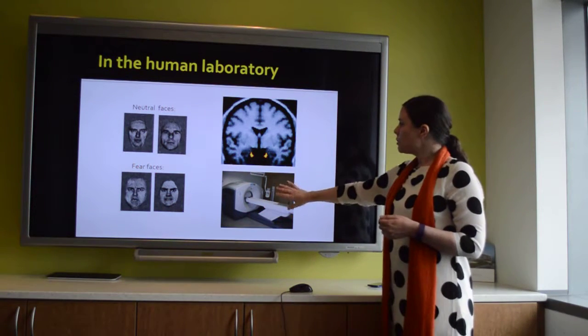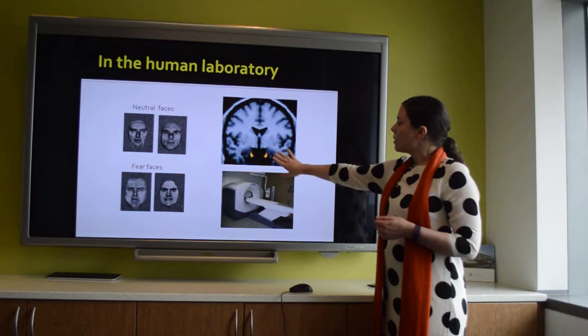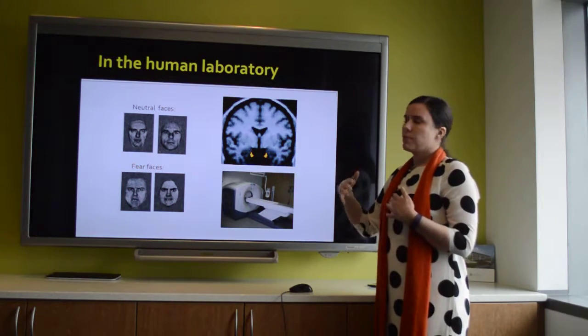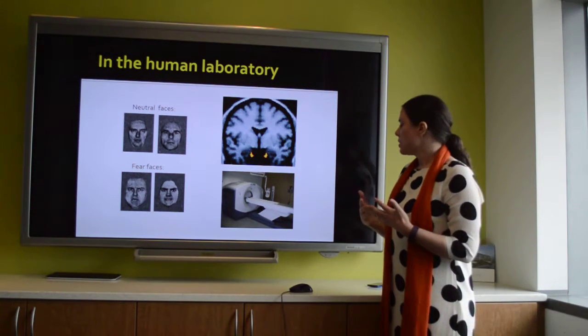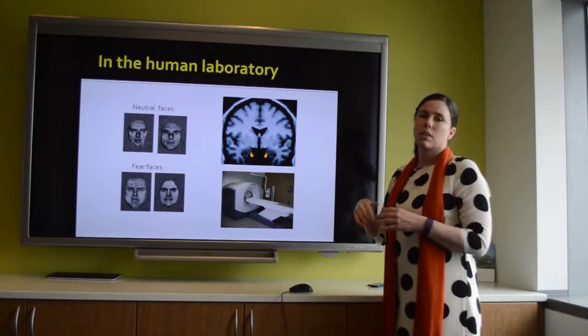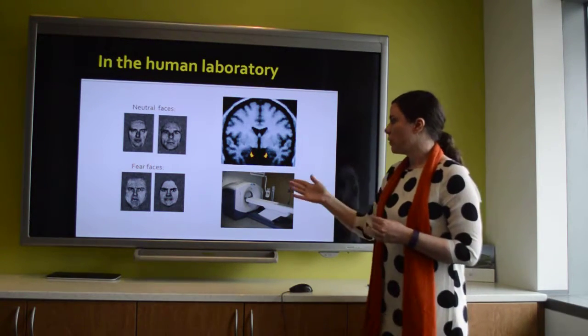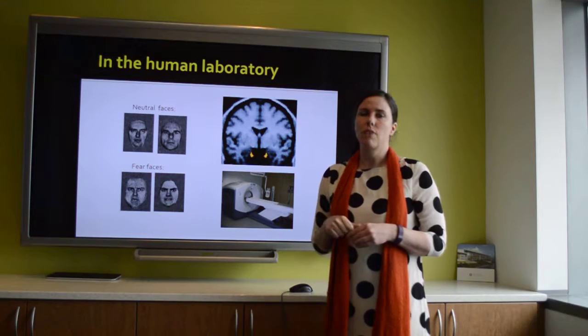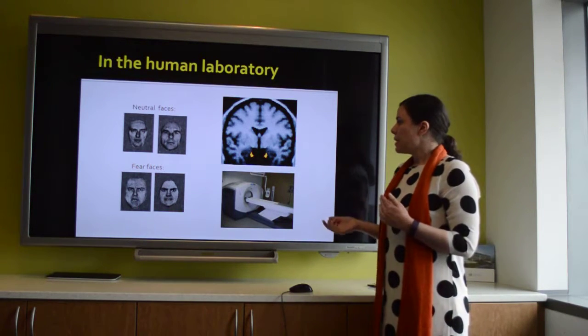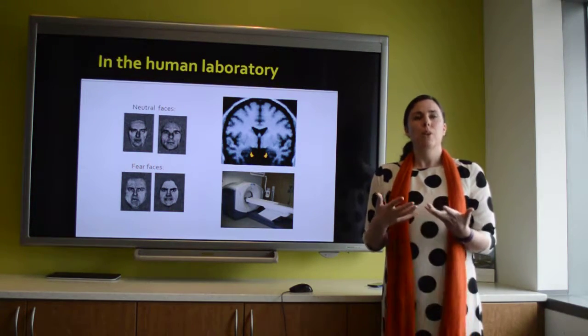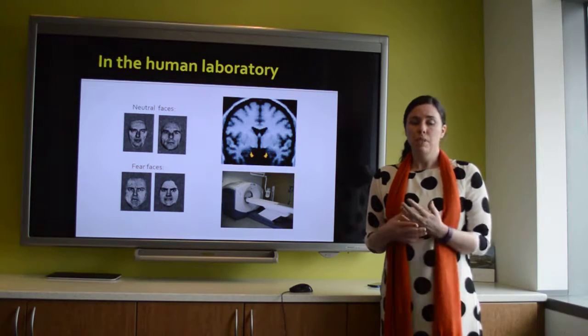And when they're in the PET scan, the glucose or oxygen or whatever radioactive dye that you've injected into the person will show that the amygdala is more active during the viewing of fear faces than during the neutral faces. So this means that the amygdala is responsible for processing fear in the environment.